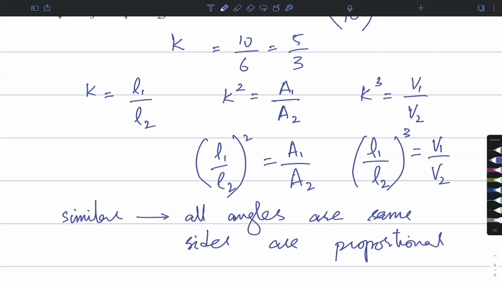If these two things hold for any two shapes, they're similar to each other. For example, your hands from 2 years ago and right now are similar to each other. They might not be exactly the same size, but the ratio in which they grew is exactly the same. That's kind of how this works.